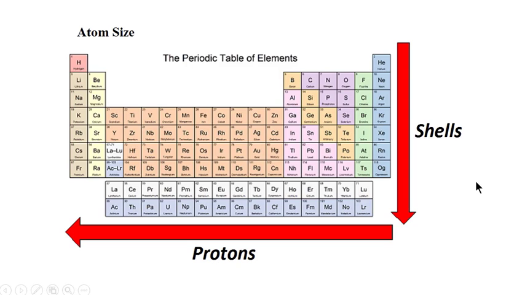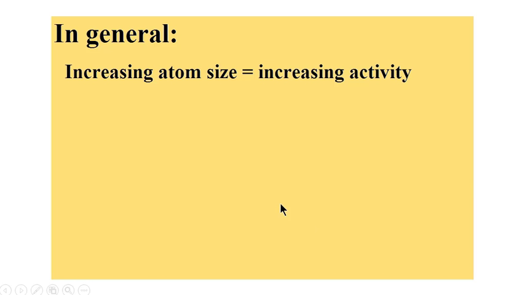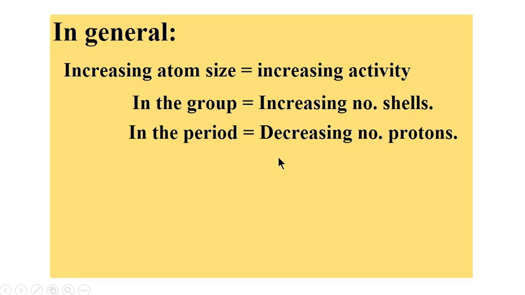So to sum up, increasing atom size means increasing activity, because it's easier to remove electrons from bigger atoms. In the group, the atoms get bigger as we move down the group because there's an increasing number of shells.